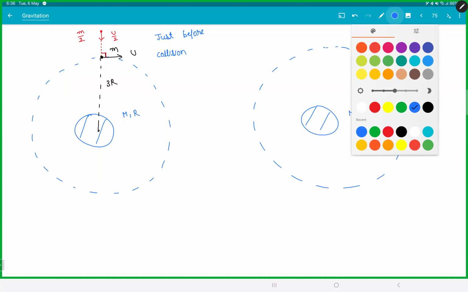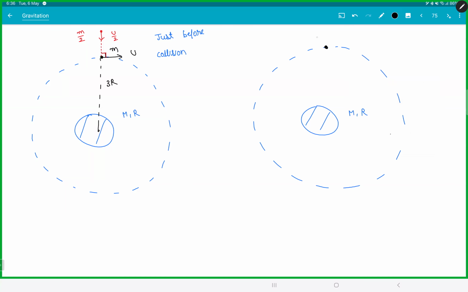Just after collision, the mass becomes 3m/2. It will get some velocity, let's say ux, and let's say uy. There'll be two velocities there, a vertical component and a horizontal component.